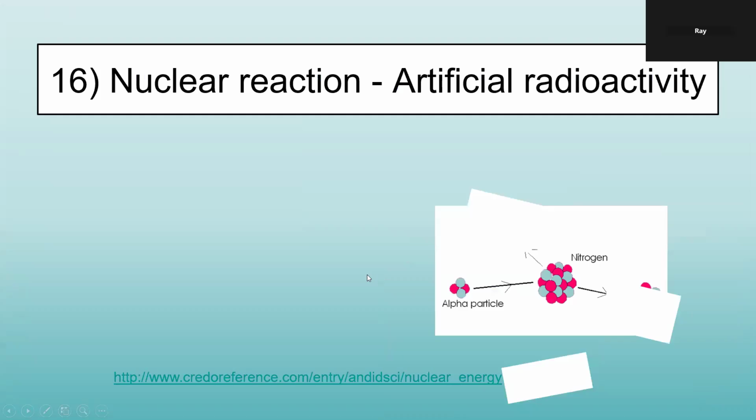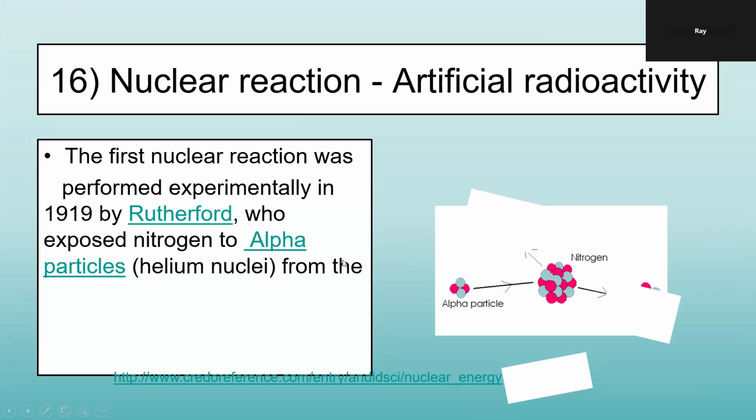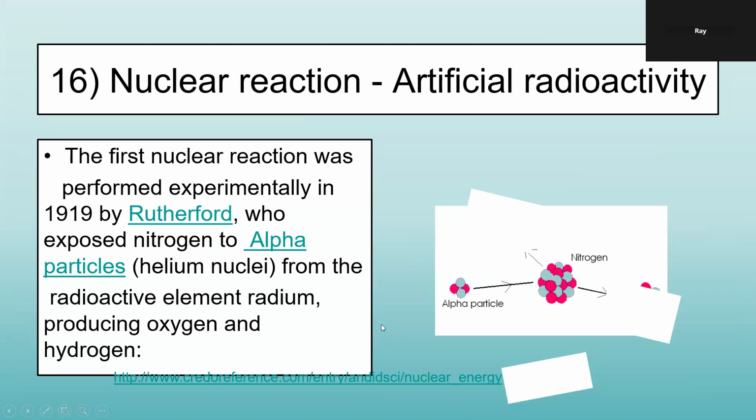Nuclear reaction, artificial radioactivity. The first nuclear reaction was performed experimentally in 1919 by Rutherford, who exposed nitrogen to alpha particles. Right? That's nitrogen. You send alpha particles from the radioactive element radium to the nitrogen nucleus, producing oxygen.